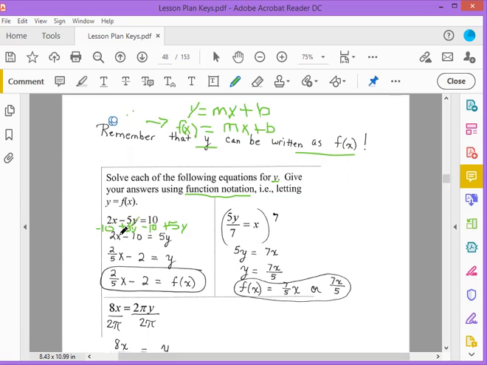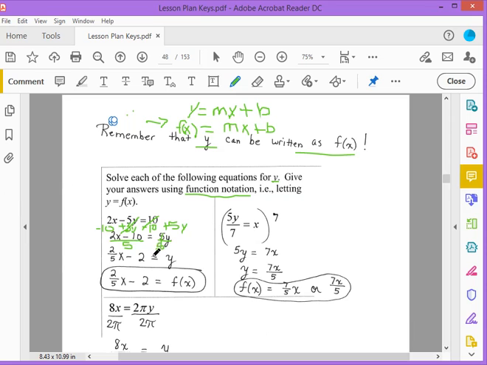Now when we do that, the negative 5x plus 5x, that cancels. The 10's cancel. On the right side, we have 5y. Carry down our equal sign. On the left side, we have 2x minus 10. Now we're going to divide both sides of the equation by 5 so we can get y by itself. Now when we do that, the 5's will cancel on the right side, leaving y.